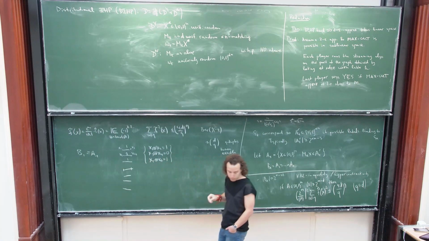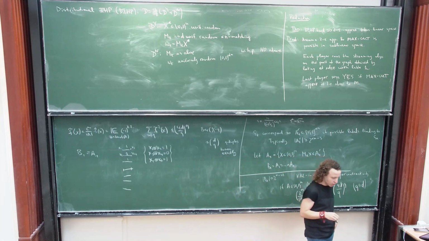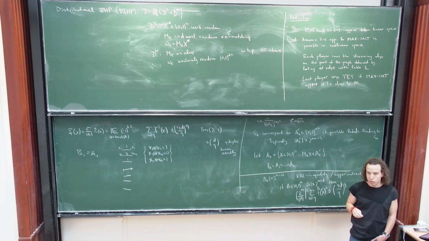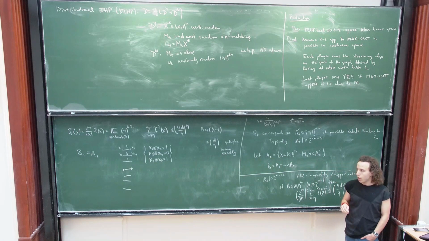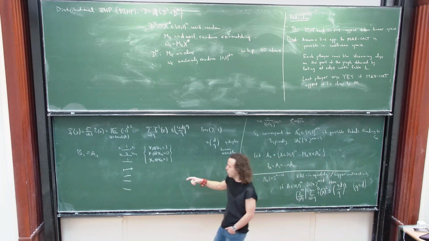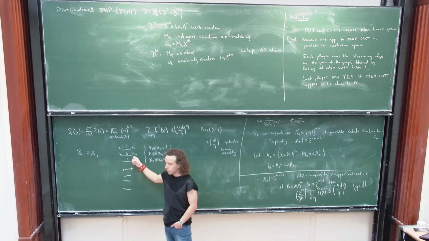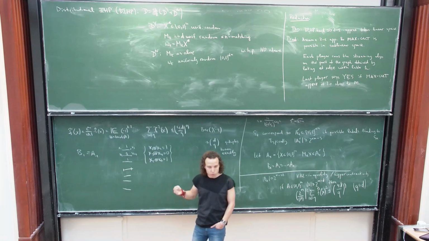Something like this. It's easy to see that the only Fourier coefficients which are non-zero here are those formed by unions of pairs of these bits. Because if the Fourier coefficient has x3 but doesn't have x4, then it's 0.